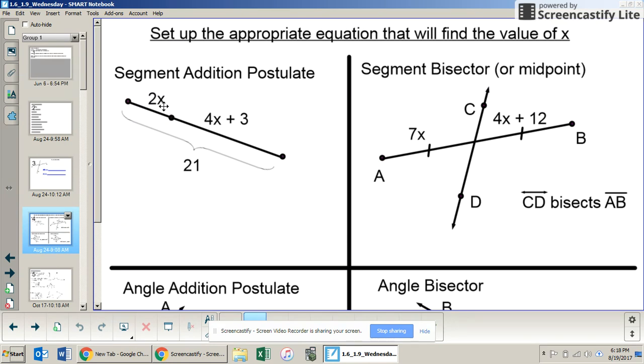Segment addition postulate, here on this left side, we have 2x as part of the segment and 4x plus 3 as another part of the segment, and the entire segment equals 21. So to set up an equation to solve for x, we might add these two segments together, set the total equal to 21.